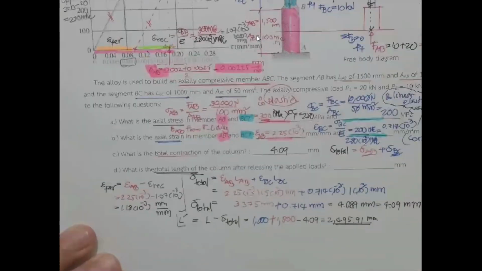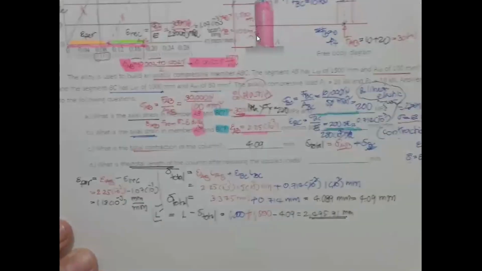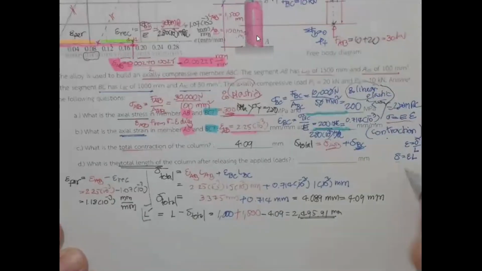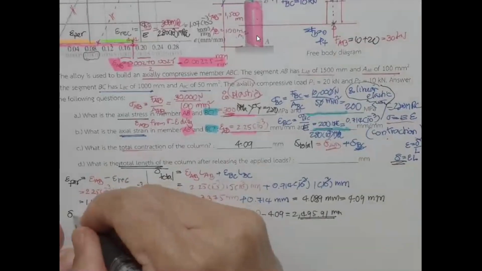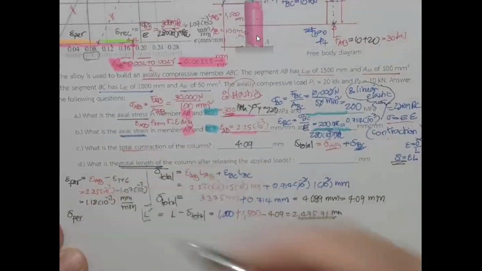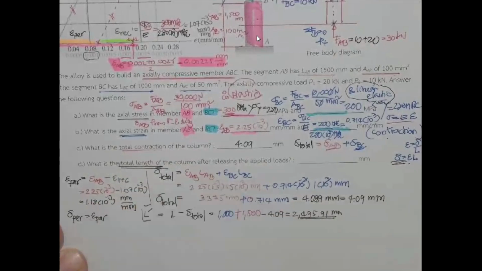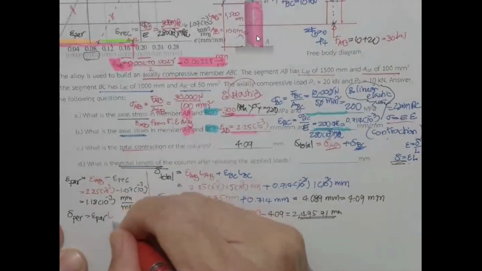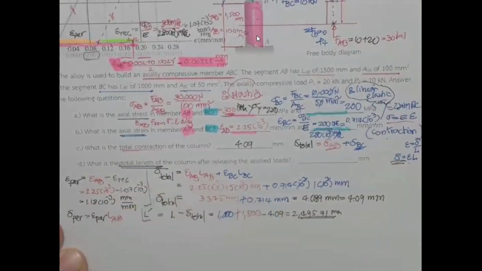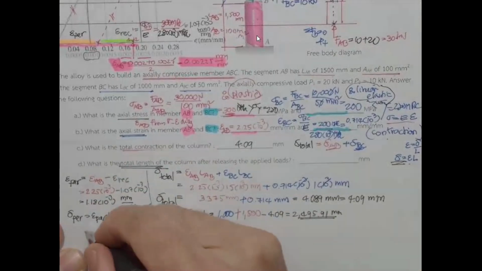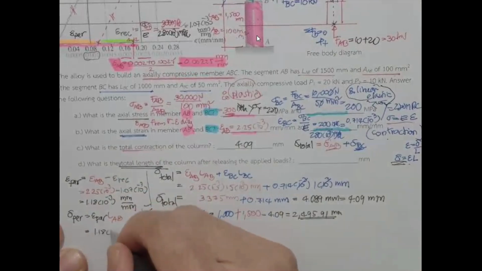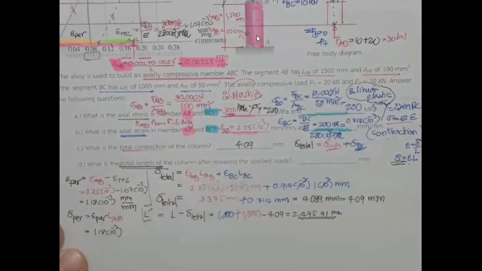Okay. Now coming back to the equation over here, the permanent deformation is going to be strain permanent times the length of AB, right? Then it's going to be equal to 1.18 times 10 to the minus 3.